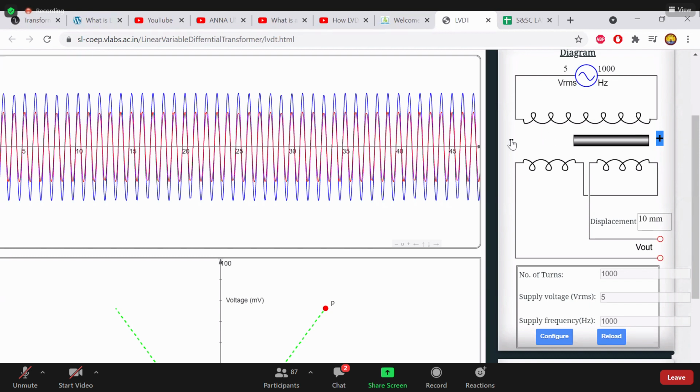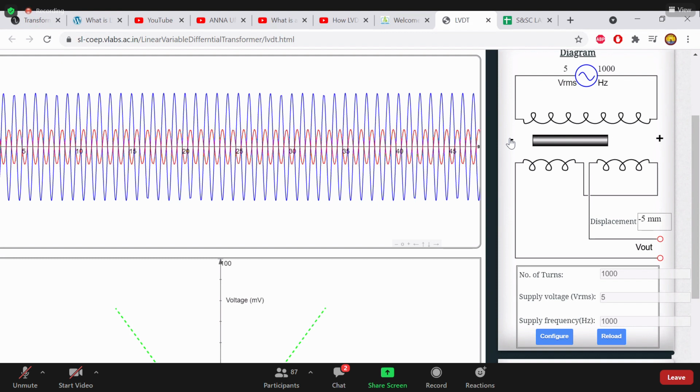Now we will verify towards left. See, output is decreasing. You can observe the red color wave, it is out of phase with the blue color wave.